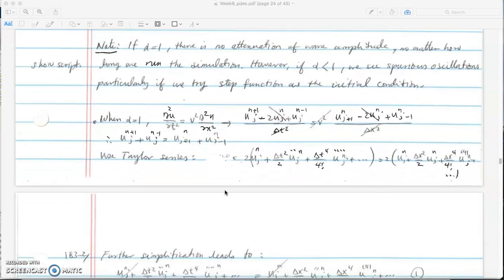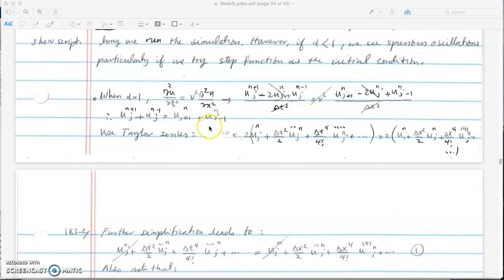Okay. Now we're going to use Taylor series on time on the left and then on the space on the right. So this is the Taylor series for the two terms on the left. This is the Taylor series for the two terms on the right. Like j plus 1 term is going to be uj and then del x times the first derivative of uj, plus del x squared divided by 2 times the second derivative of uj, and so forth.